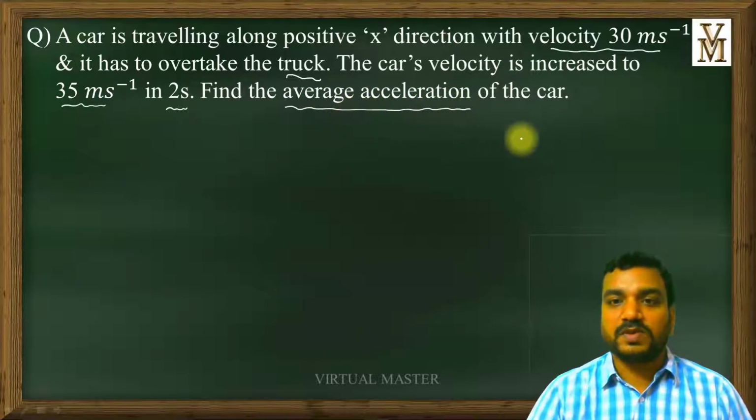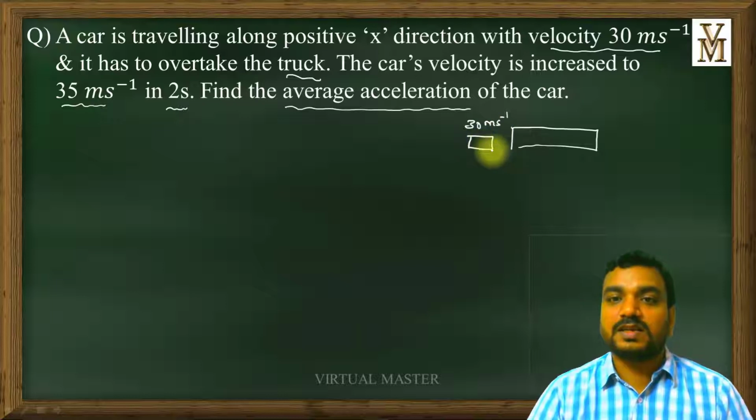Okay. What is given here? Assume that this is a large truck which is traveling on the road and behind that a car is traveling. Now the car is traveling with 30 meter per second, that is the velocity of the car is given as 30 meter per second, and in order to overtake the truck, the car has to increase its velocity, isn't it?